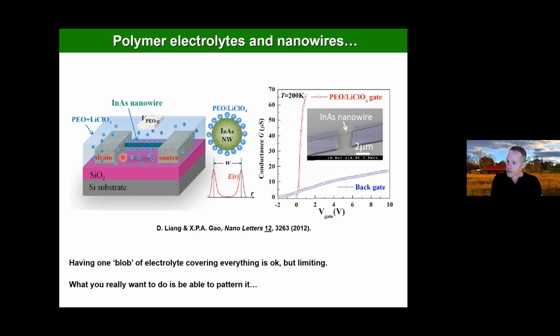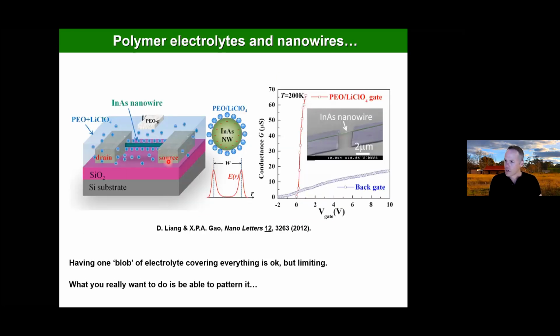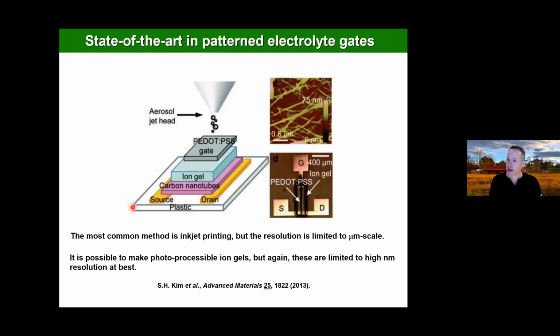My background was very heavily in nanoscale fabrication. So what we wanted to do was take the sorts of techniques that you use to make nanowire transistors and see if we could bring these ionic gating materials down to very similar scales. At the time, polymer electrolytes really came from organic electronics rather than hard silicon semiconductor electronics.